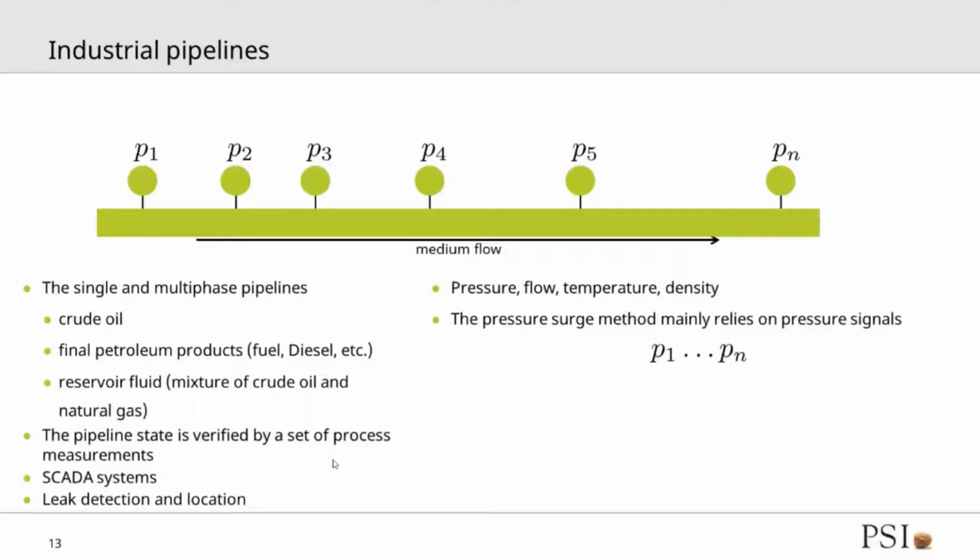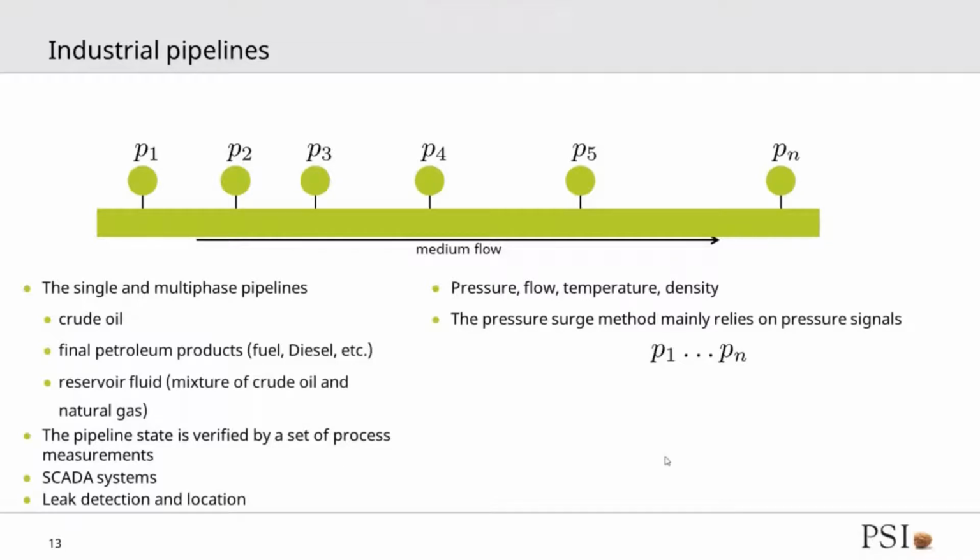And we take them, for example, in order to check whether there is a leak or not. So nearby the SCADA system, we deploy the leak detection and location systems, which are responsible for inferring whether there is a leak or not. And if there is a leak, then the system is obliged to provide the information about the leak location.